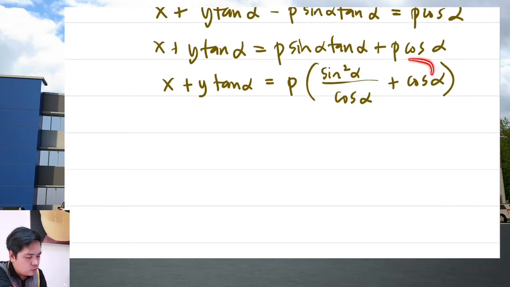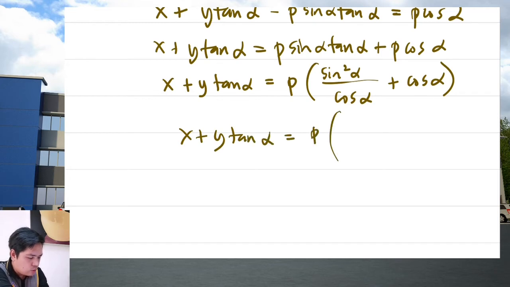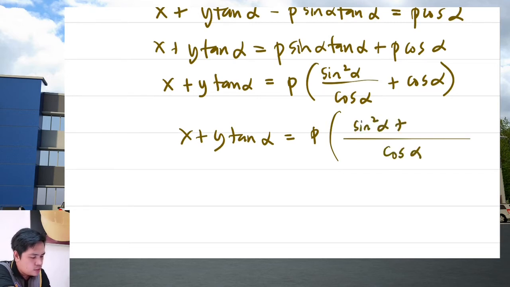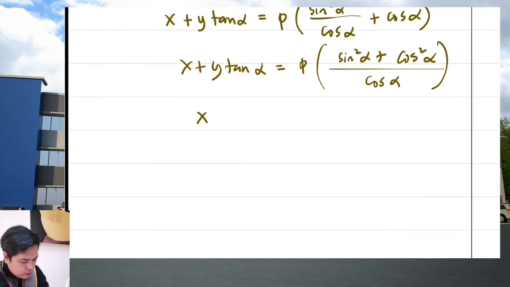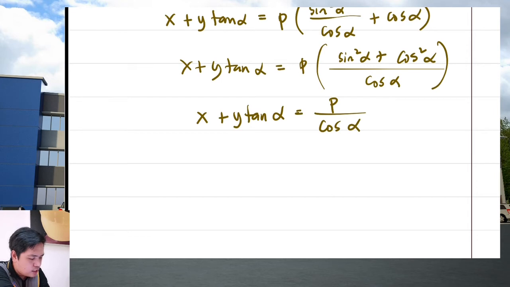Okay, now if we combine these two, x plus y tangent alpha would be p times, LCD is cosine alpha, so sine squared alpha plus cosine squared alpha over cosine alpha. And we know that this is equal to 1 by Pythagorean identity, di ba? So now we'll have x plus y tangent alpha equals p over cosine alpha na lang.